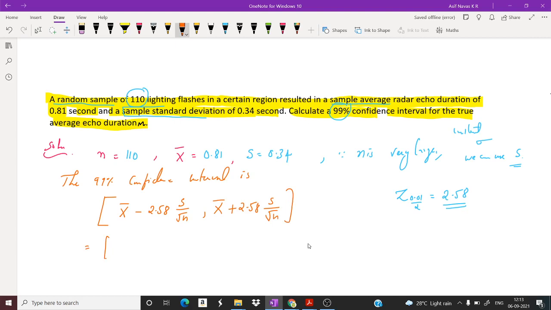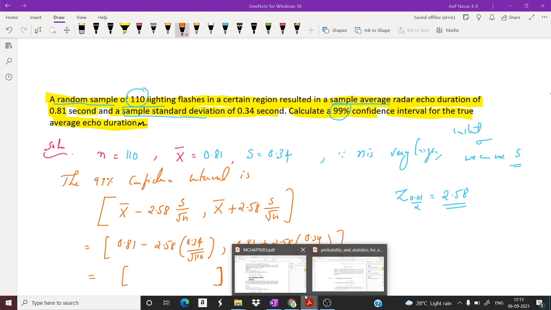Everything is given here: x bar is 0.81 minus 2.58 times 0.34 divided by root 110, and 0.81 plus 2.58 times 0.34 divided by root 110. Now, if you calculate this, you will get an interval.